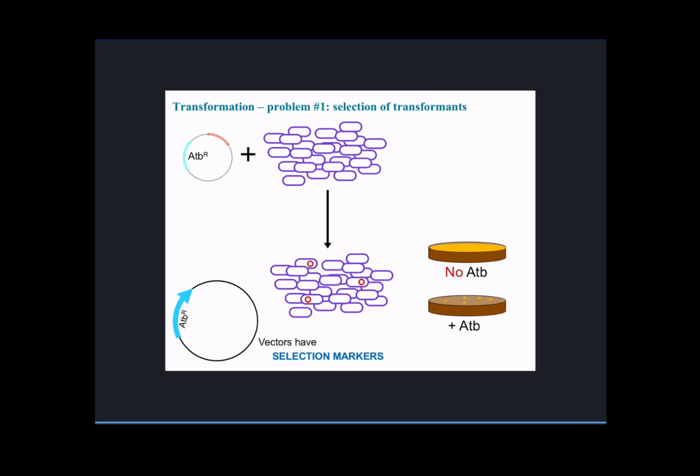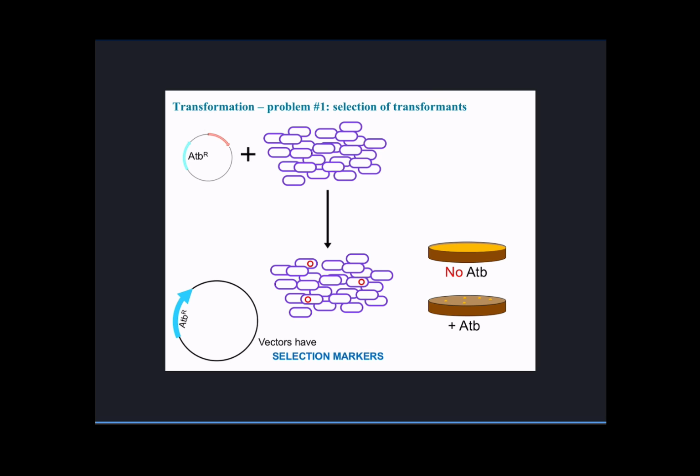So what we do is we introduce those genes into these plasmids, such that the bacteria that picked up the plasmid not only picked up our sequence of interest that was piggybacking, or if you will, getting a ride on those plasmids, but also the antibiotic resistance gene.